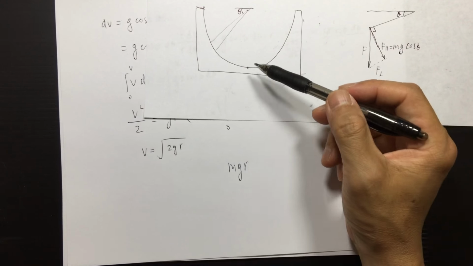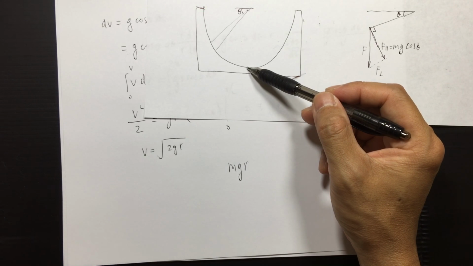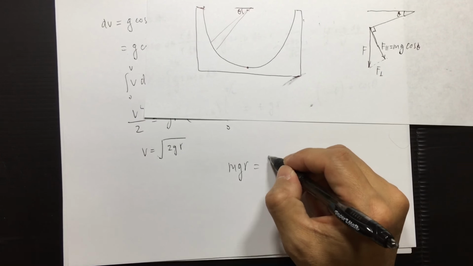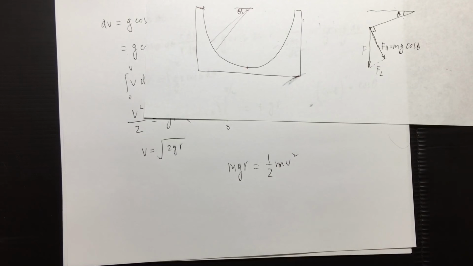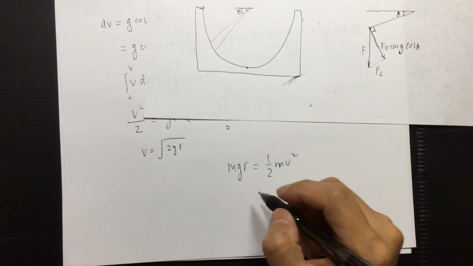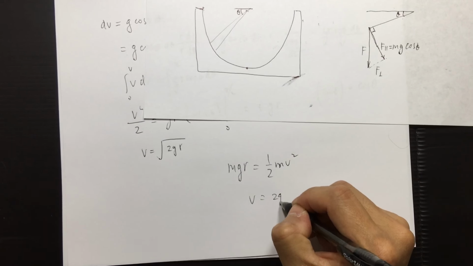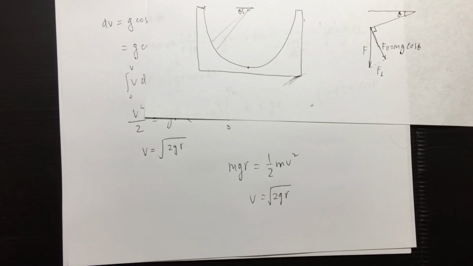Here the ball will have no potential energy, but all kinetic energy. You can get v equal to the square root of 2gr.